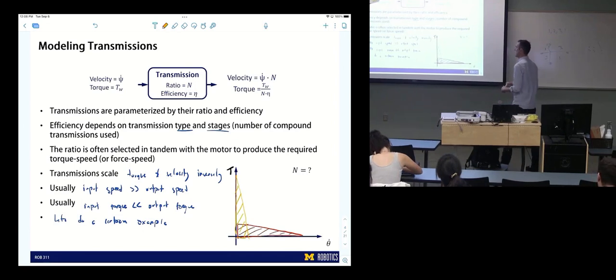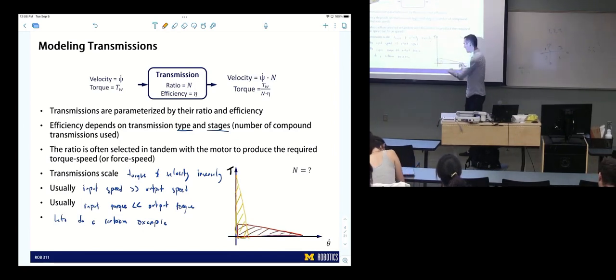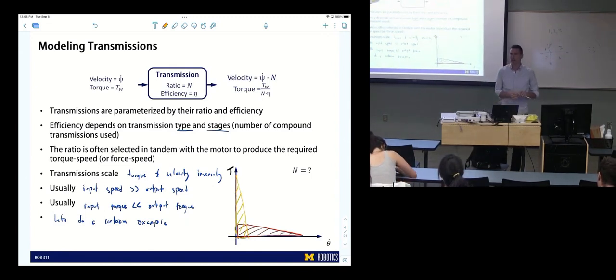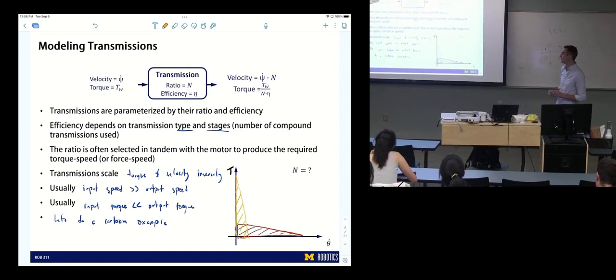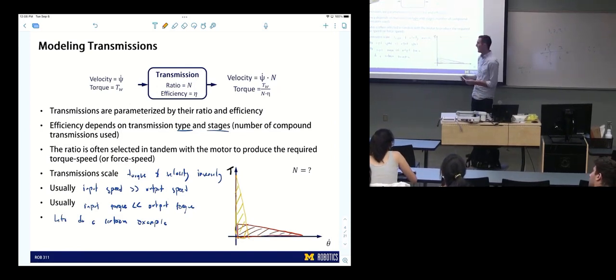So if I add a transmission, I'll scale this. So I'm going to scale the velocity down and the torque up. What's that transmission ratio, approximately? Look at that and tell me. So this might be a task, which we might see as some curve where we look at the torque and speed of our input.